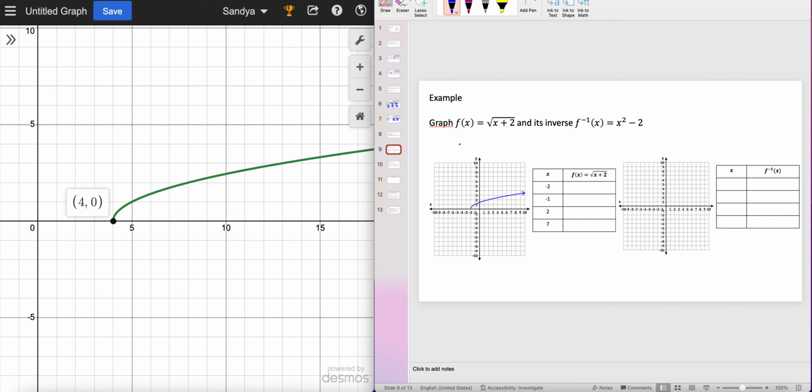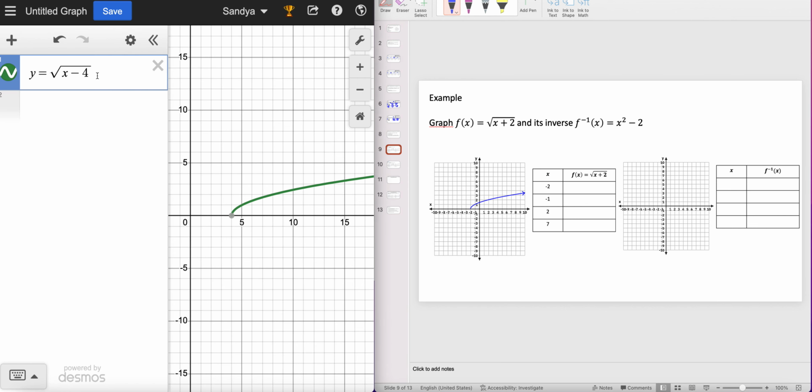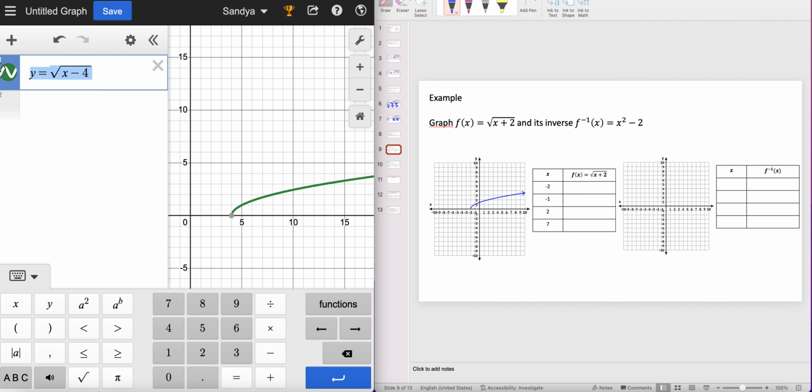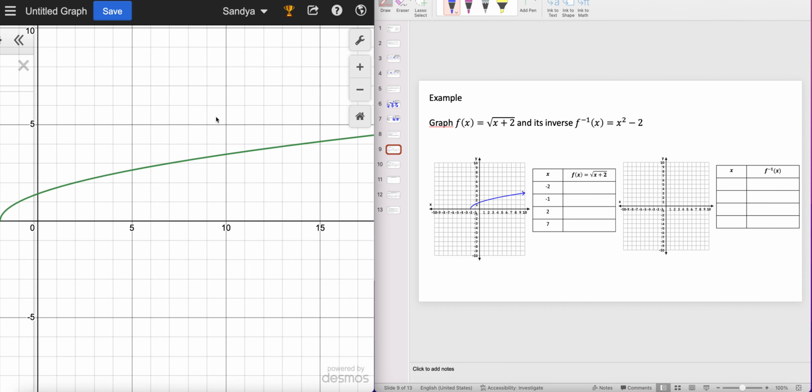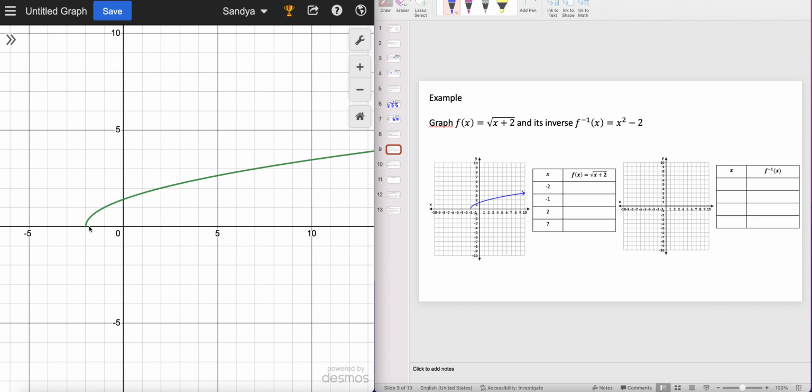So let's look at this example. Let's graph f of x equals the square root of x plus 2, and its inverse, f inverse of x, is x squared minus 2. You can find these values by plugging them in, or you can go to Desmos and enter f of x equals the square root of x plus 2. And then you can find these values. So at x is -2, we have a value of 0.